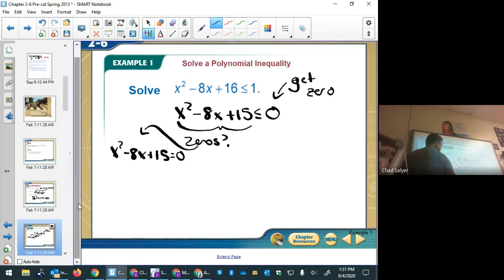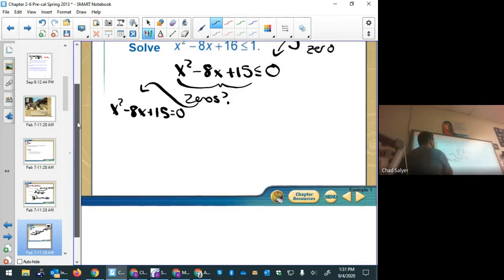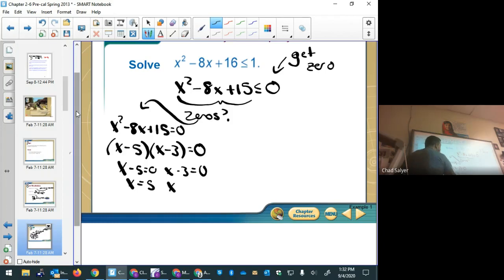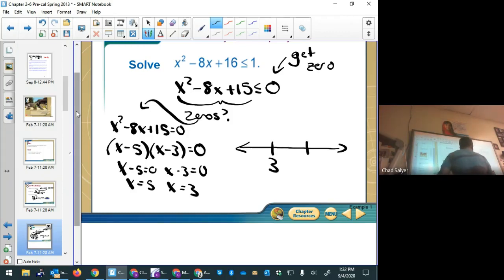In this case, the most efficient way to do that is going to be by factoring, because that one just cries out to be factored and then solved with the zero product property, which gives us x equals 5 and x equals 3. So if I create my sign chart now, I'm going to list the zeros in ascending order on the sign chart.